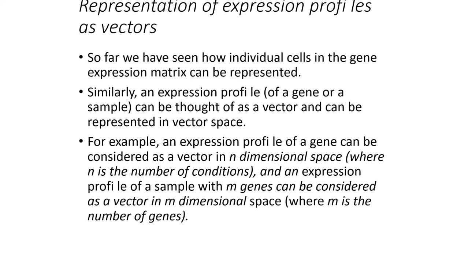An expression profile of a gene can be considered as a vector in n-dimensional space, where n is the number of conditions, and an expression profile of a sample with m genes can be considered as a vector in m-dimensional space, where m is the number of genes.